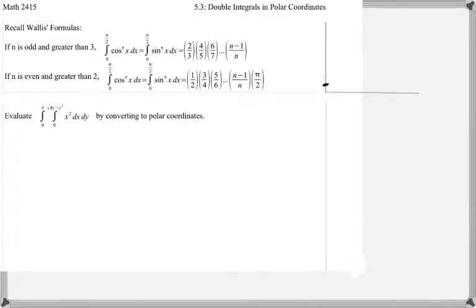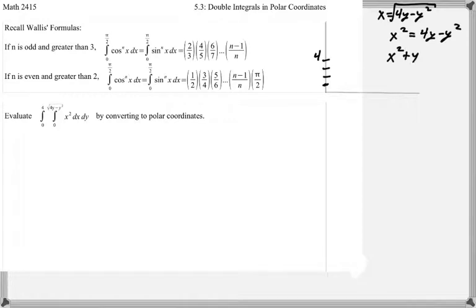So first thing we're going to do is sketch the region that we have. The y is going to go from 0 to 4, and x is equal to the square root of 4y minus y squared. Square both sides, x squared is equal to 4y minus y squared.